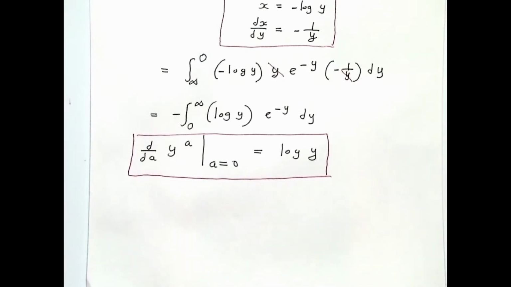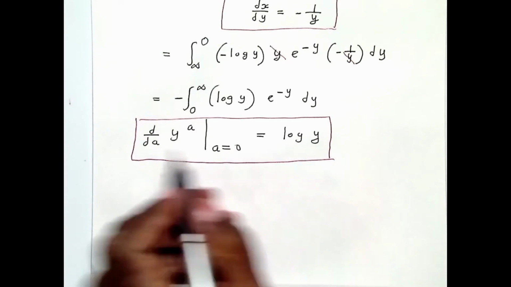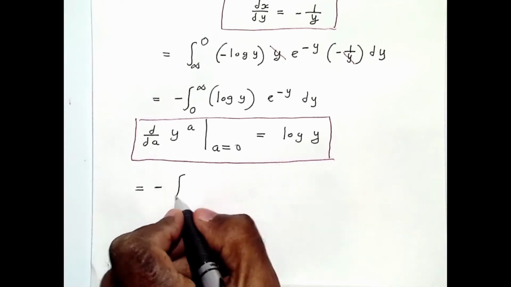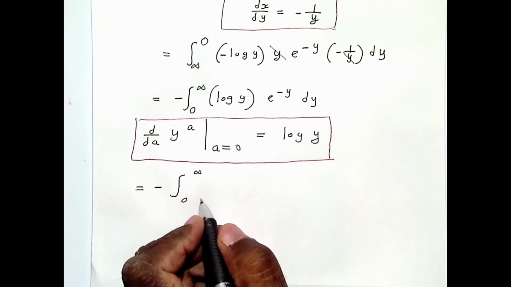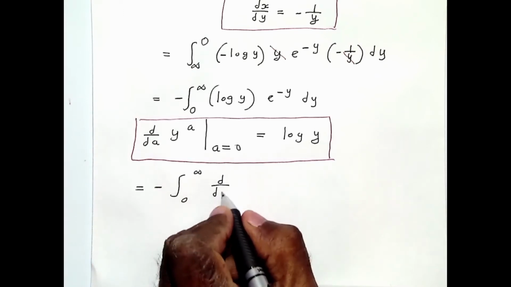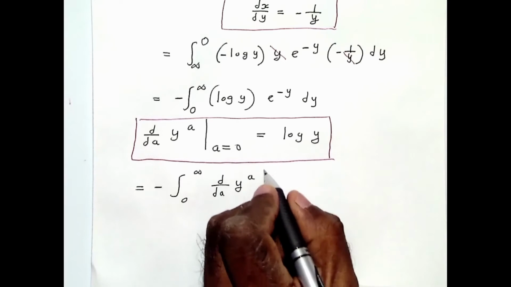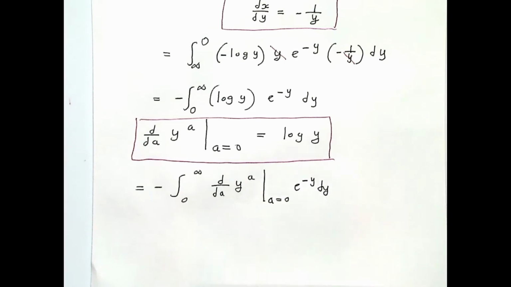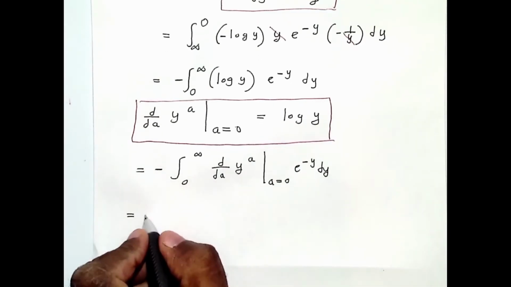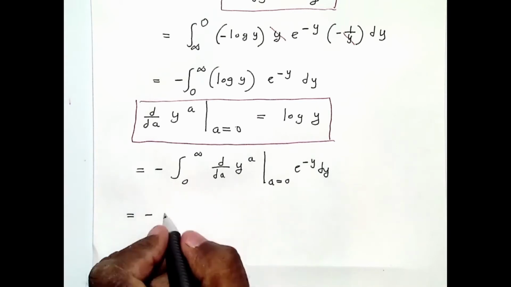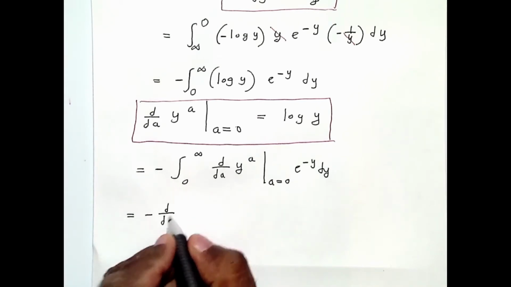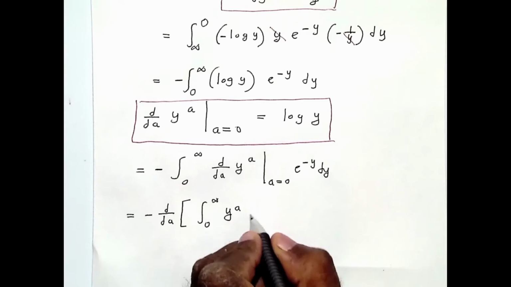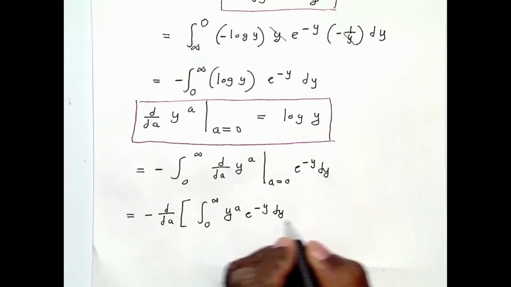So you can replace this by this. So this becomes minus the integral from 0 to infinity, and I'm going to take the derivative operation outside the integral.